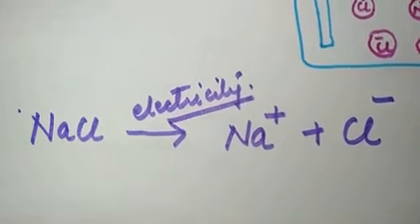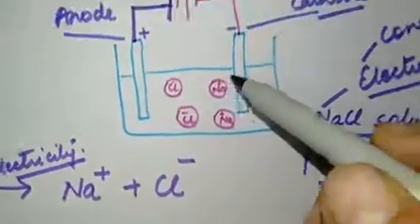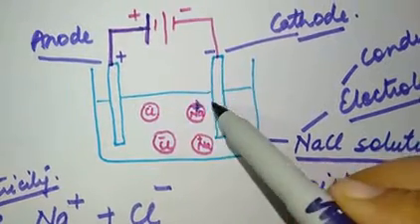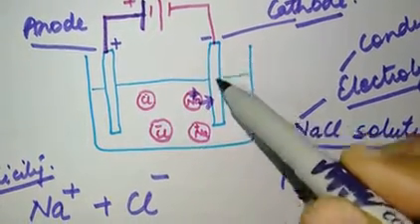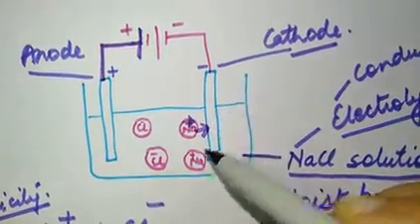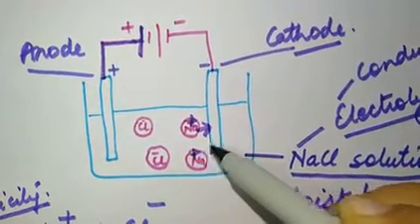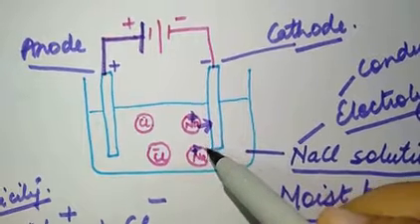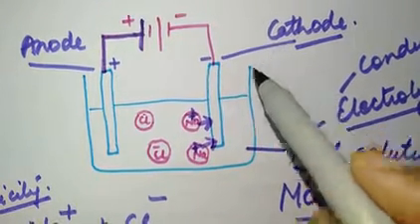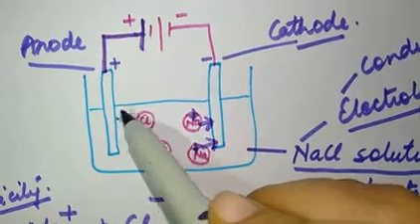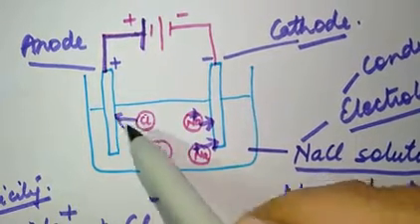Now what will happen to the positively charged ions here? Positively charged ions are going to move towards the negative electrode, that is the cathode. I told you that opposite charges attract each other. So positively charged ions move towards the cathode, and negatively charged ions move towards the anode.